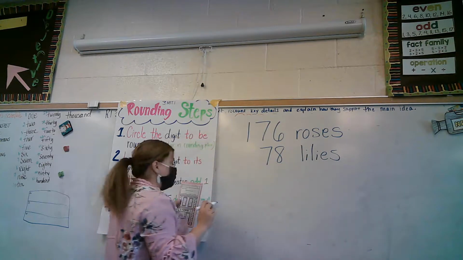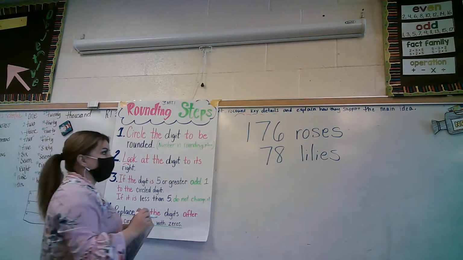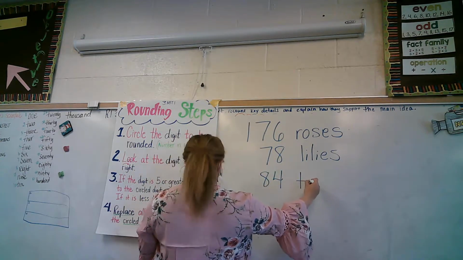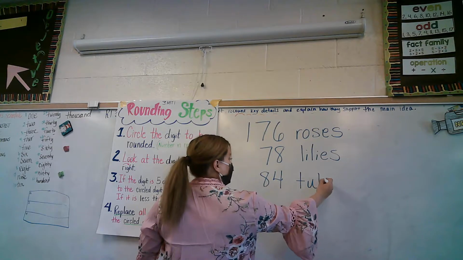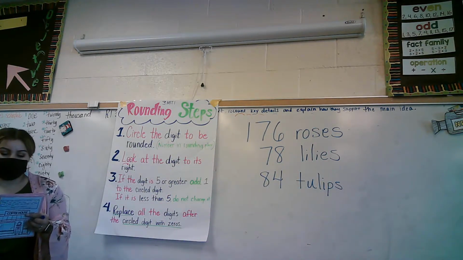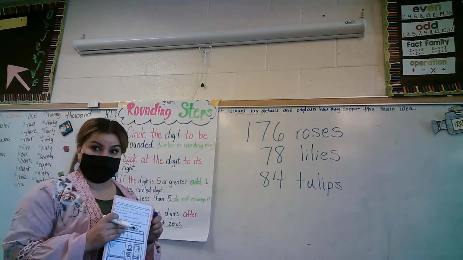And how many tulips did he sell? 84. Okay. Alright. So it's wanting us to round to the nearest 10 for each of these.